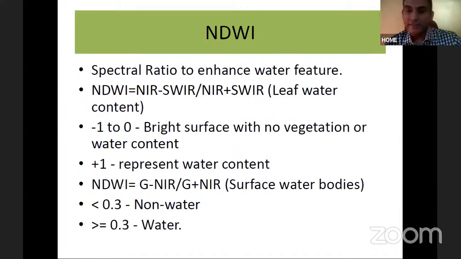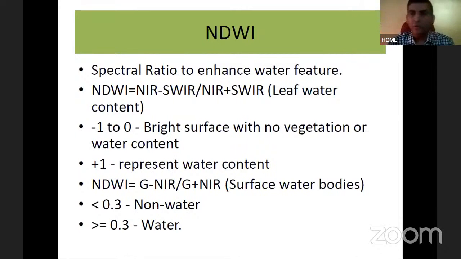There are two formulas in the slides. If you see the second point and the fifth point: if your work or research interest is focused on surface water bodies, then you have to use the fifth point equation. And if you're working on leaf water content, then you have to use the second equation.